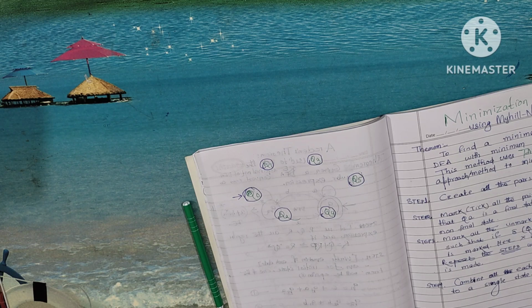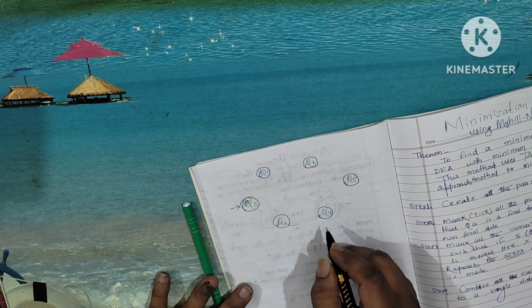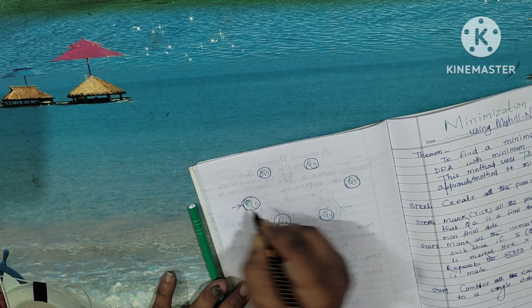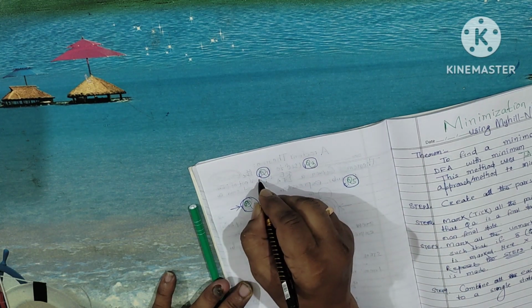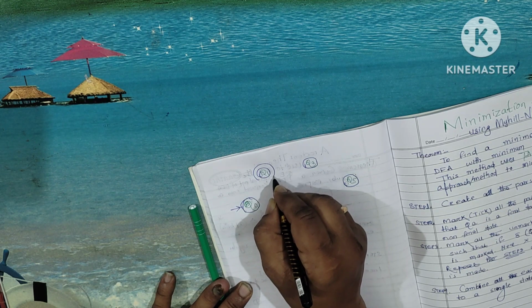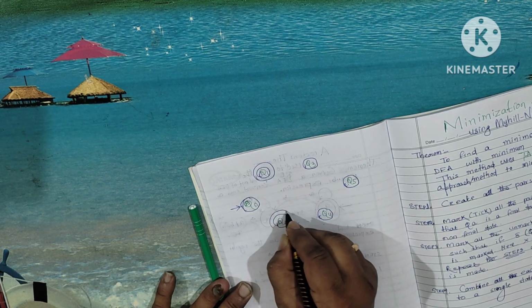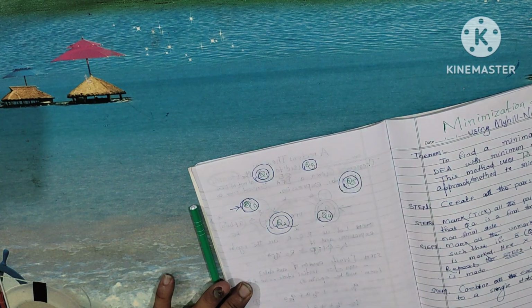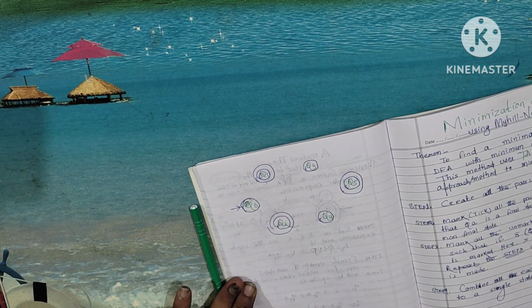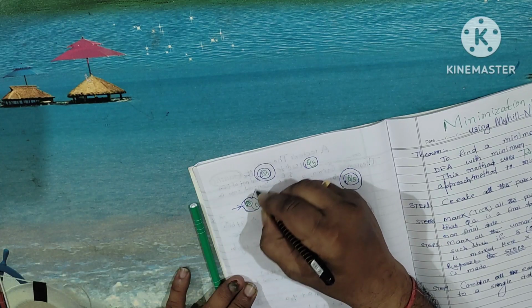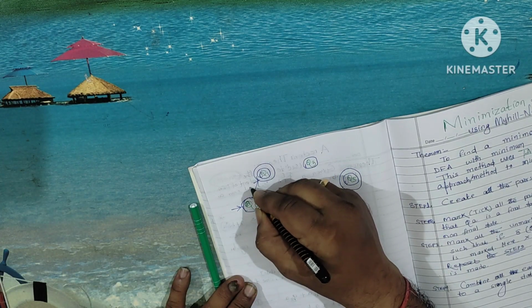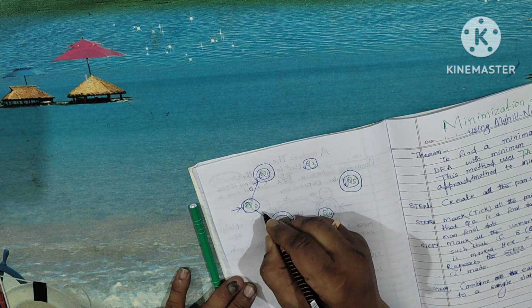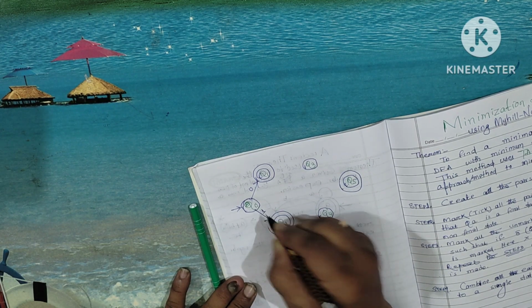Let us say there are three final states, Q1, Q2 and Q5. The transition from Q0 to Q1 is on input 0, and Q0 to Q2 on input 1.